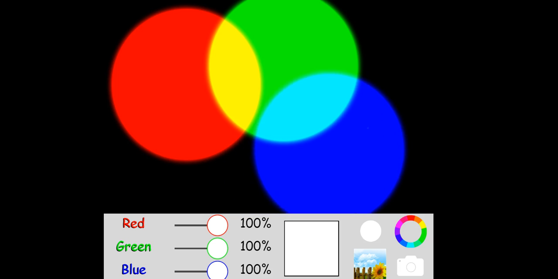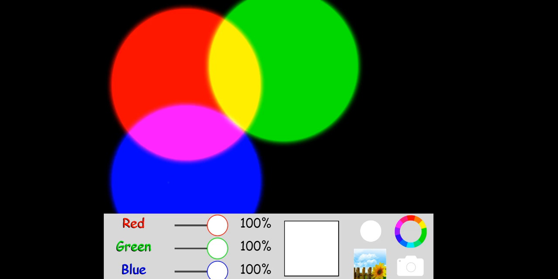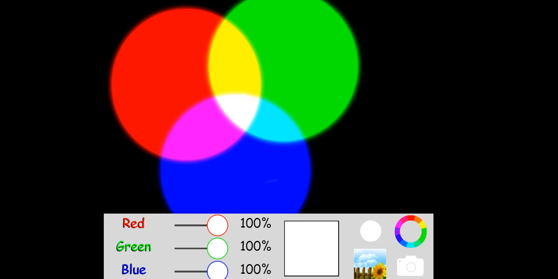Likewise, if we mix blue and green, we get an aqua, or what might be referred to as cyan. If we do red and blue, we get what's often referred to as magenta. If you do all three of them, in that intersection of all three sections, we get white. But the only colors present there are the red, blue, and green.